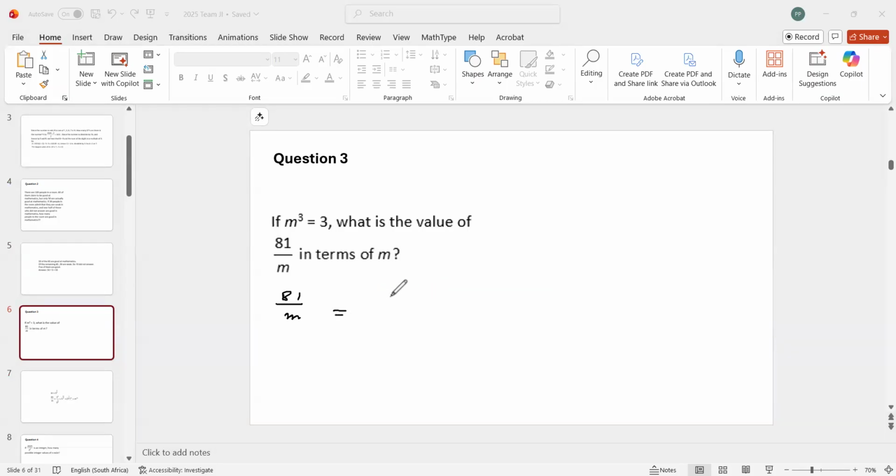Now 81 is 3 to the power of 4. So we'd like to write both of them as powers of 3. M cubed is 3. So that means that m is the cube root of 3. The cube root of 3 is written as 3 to the power of 1 over 3.